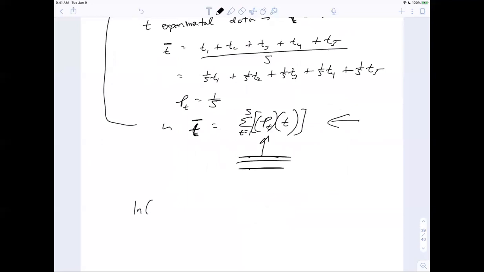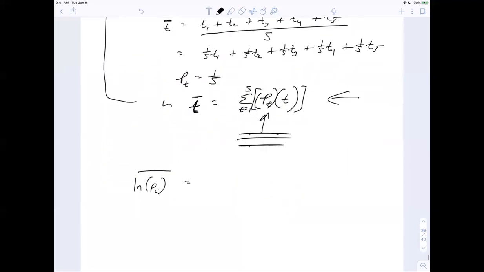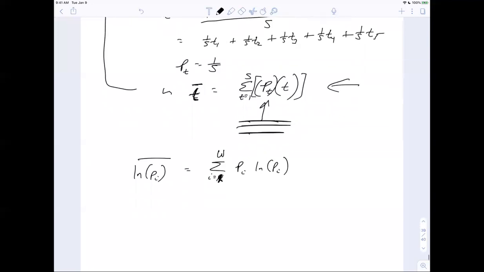So the average value of the log of p sub I is equal to, what is this? The sum from I equals 1 to W of p sub I times natural log of p sub I. So let's see, what is p sub I?